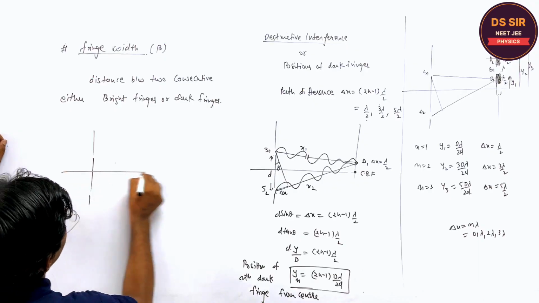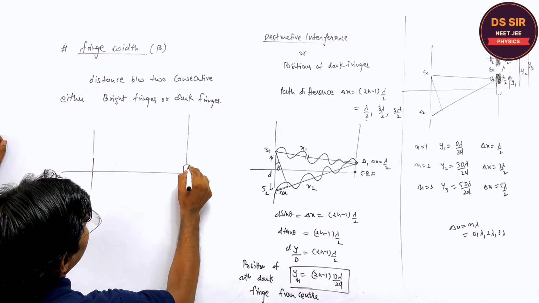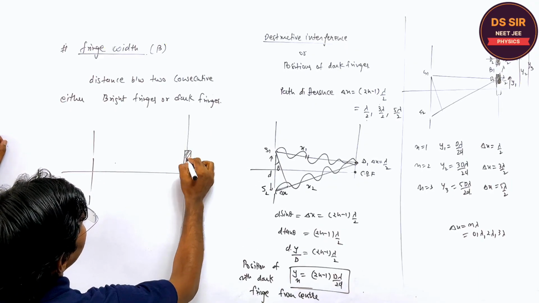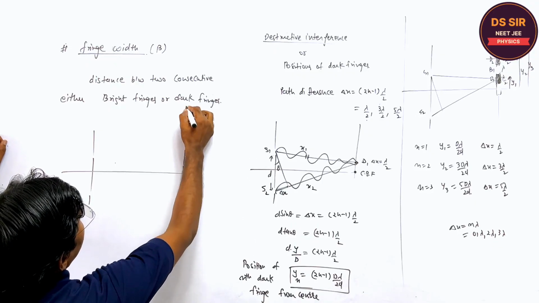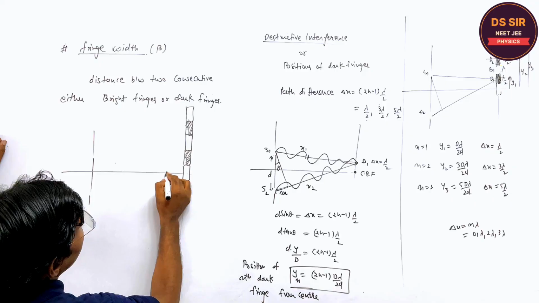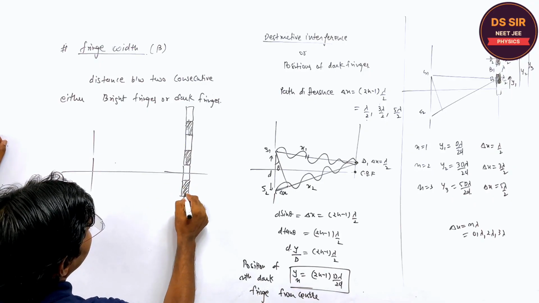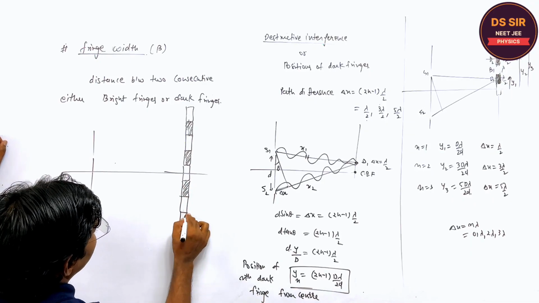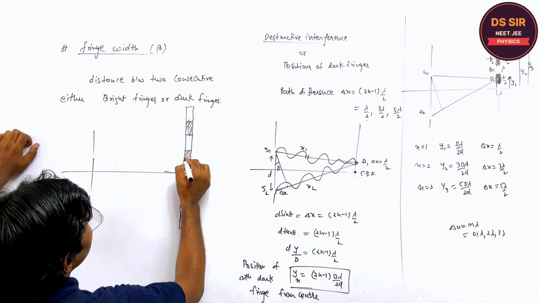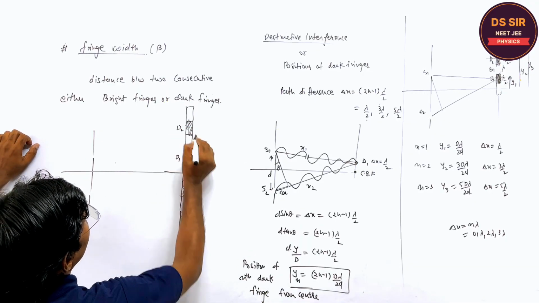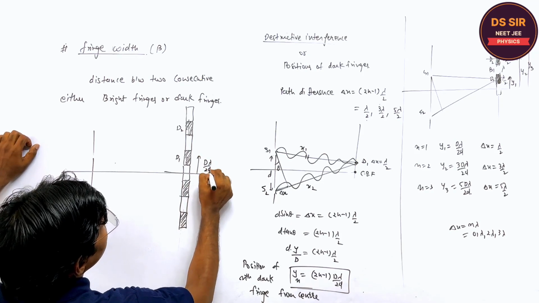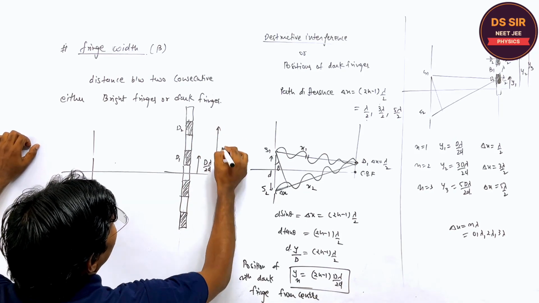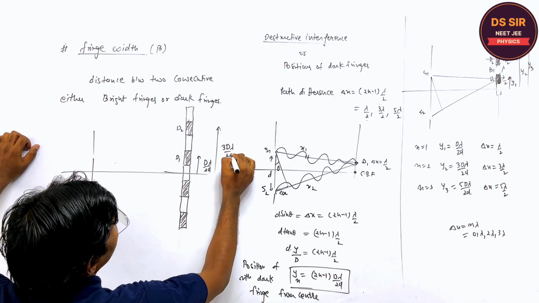Look at the figure. Suppose this is the bright fringe, this is the dark fringe, this is the bright, this is the dark, this is the bright. Here dark, bright and dark like this. If you consider D1 and D2, D1 distance is lambda D over 2d, and D2 distance is 3 lambda D over 2d.